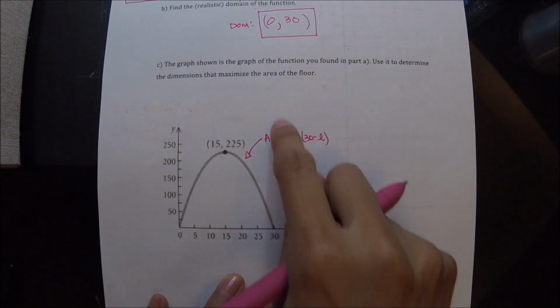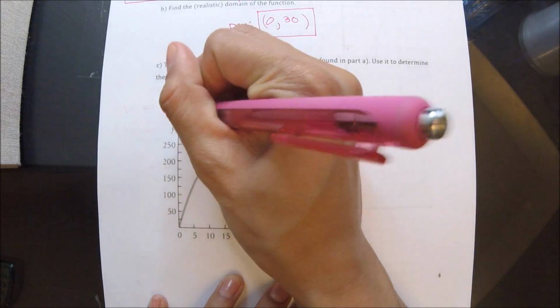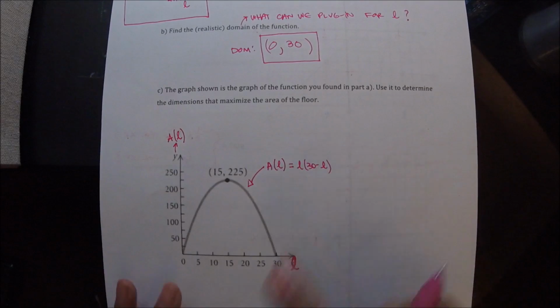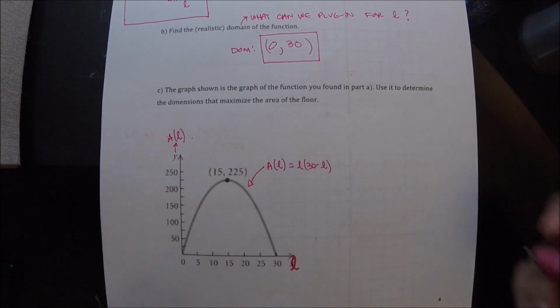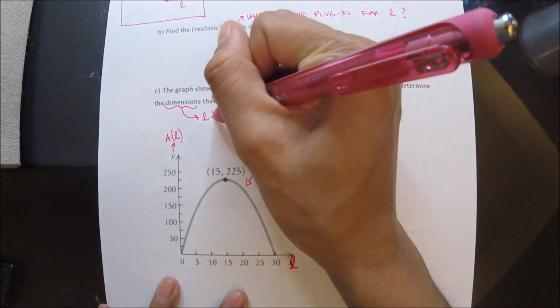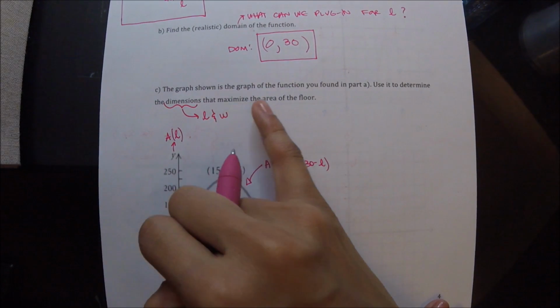And then the Y value is really this A of L. It says, use this graph to determine the dimensions that maximize the area. And so dimensions mean find the length and the width. And then we want it to maximize the area.